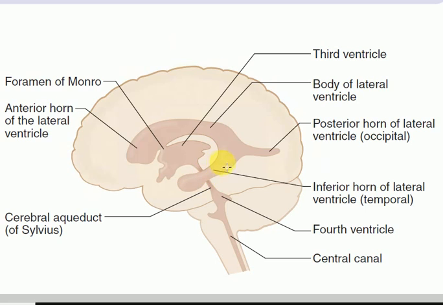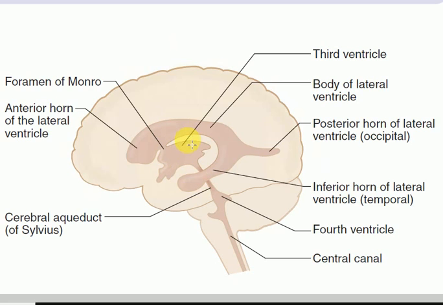Just remember that there are two lateral ventricles, each one having an anterior horn, a body, a posterior horn, and an inferior horn in both the cerebral hemispheres.